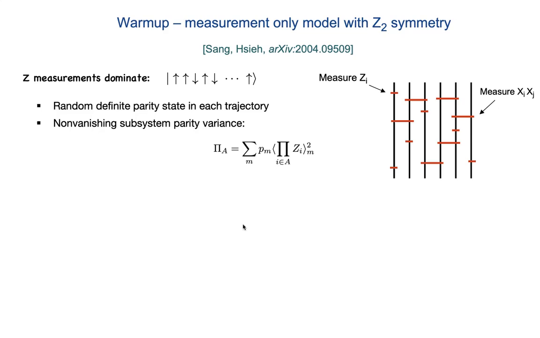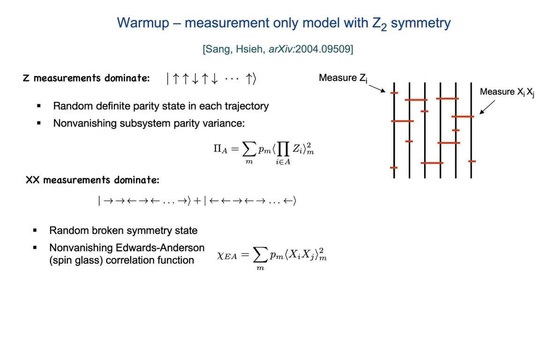So again, I need to look not at the parity, but at the parity squared and averaged. This is the fact that I need to look at moments. So this is what I expect in this Z-dominated phase.